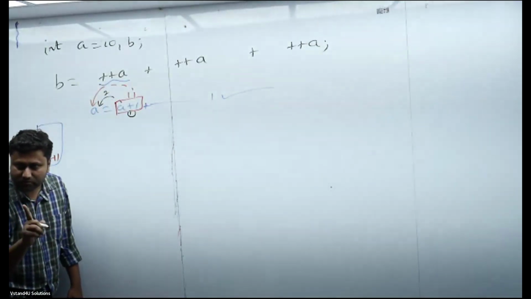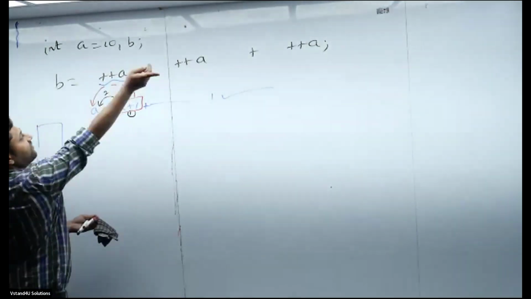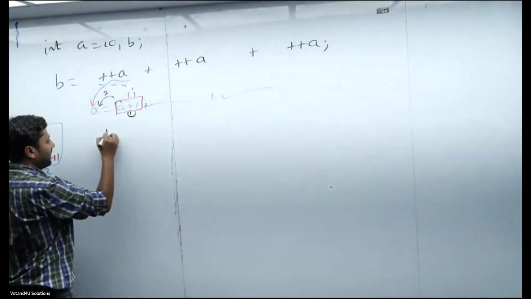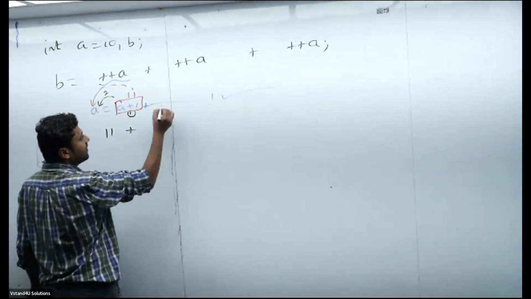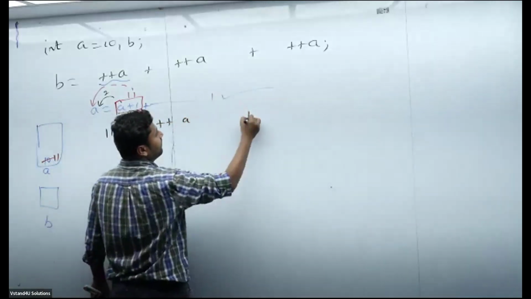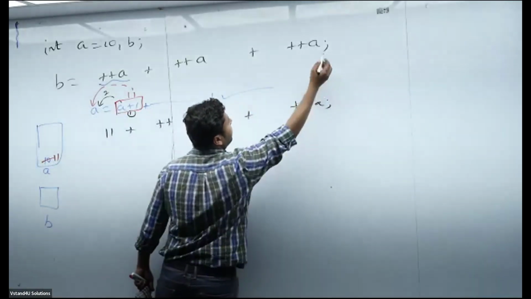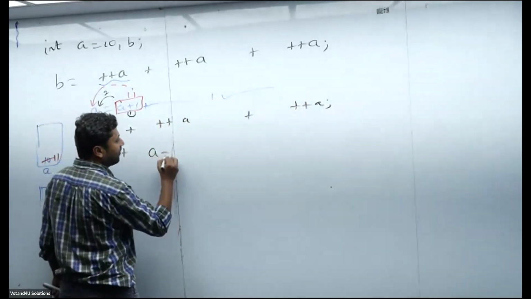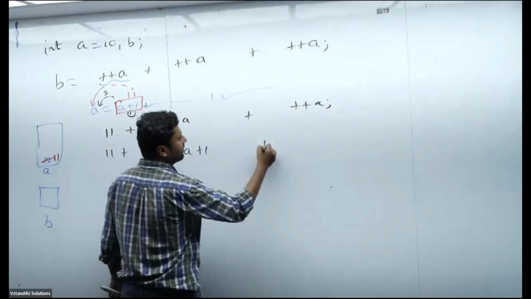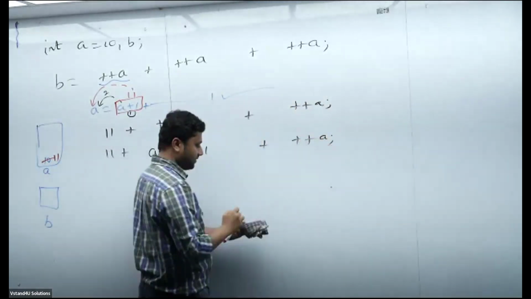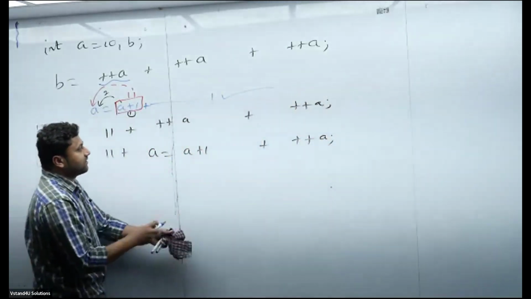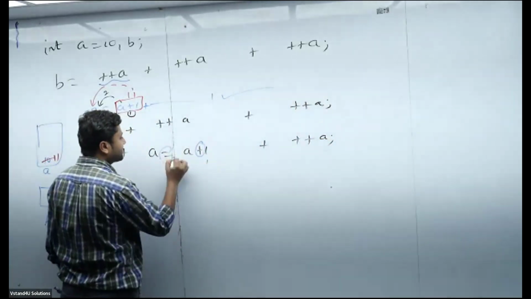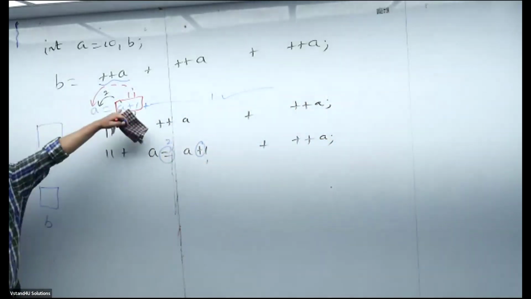No confusion. So this equation entirely became 11 plus ++A plus ++A. This one, 11 plus A equal to A plus 1. This one plus A as it is. Sir, in this case, first incrementation, second assignment, because pre-incrementation is there.